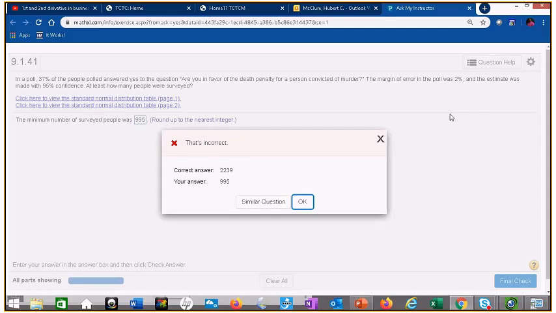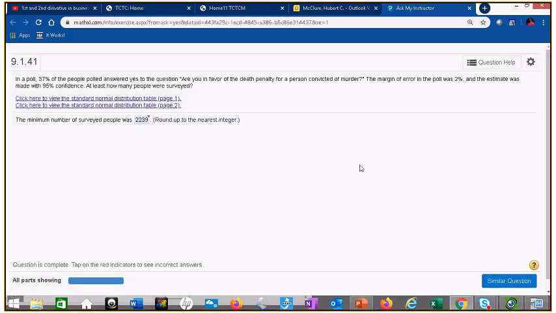Oh, 2%. Where did I get 3%? Okay, that's going to change. I just did a different problem. Sorry about that. I don't know where I got 3%. So change that 3% to 2%, and check my 95% confidence level.